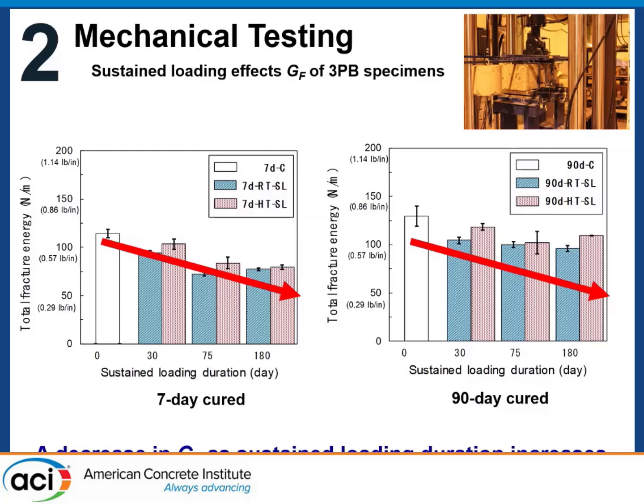And again, there is this pattern that shows that as you increase your sustained load duration, you also see a decrease in your fracture energy, regardless of whether you did a 7-day cure or a 90-day cure. In other words, irrespective of what the curing regime is, you're going to see this change.